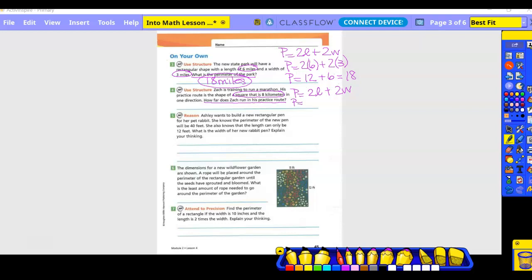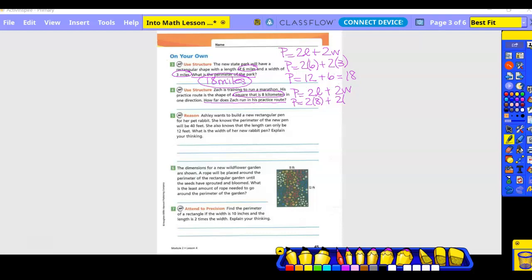So P equals 2 times, what's the length? So a square, all the sides are equal, so it would be 8, right? Plus 2 times, what's the width?